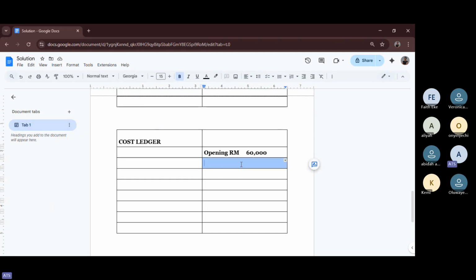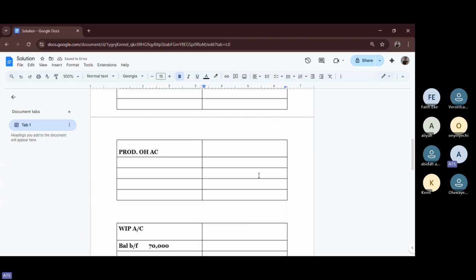Opening work in progress, exactly 70,000. Opening finished goods, 30,000. 30K. Good.